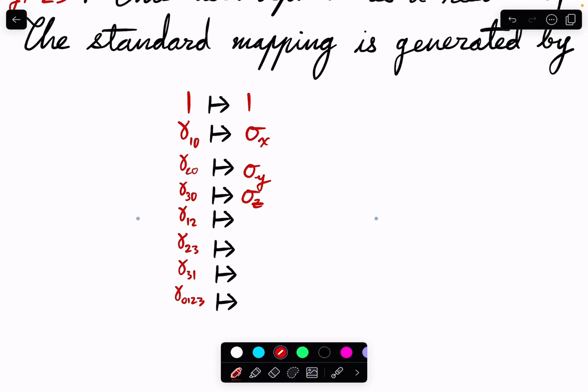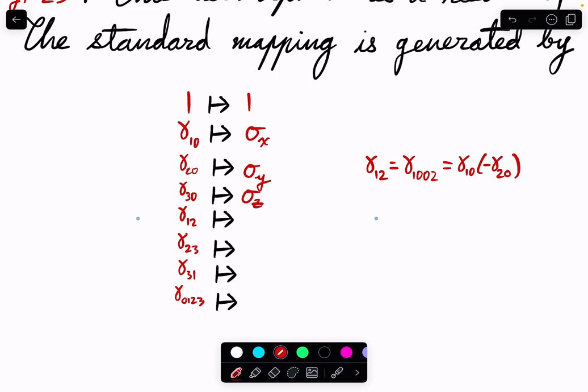Now, what does gamma 1 2 map to if these are the mappings here? Well, if you have gamma 1 0 times gamma 0 2, then this is equal to gamma 1 2. But that's just gamma 1 0, negative gamma 2 0.